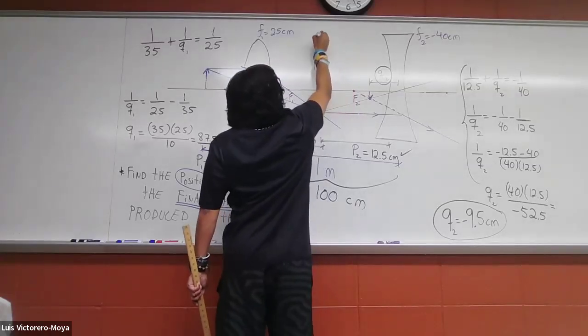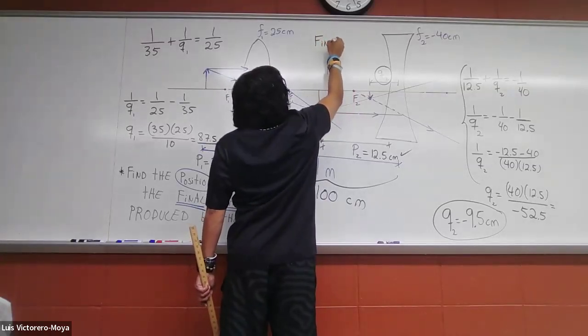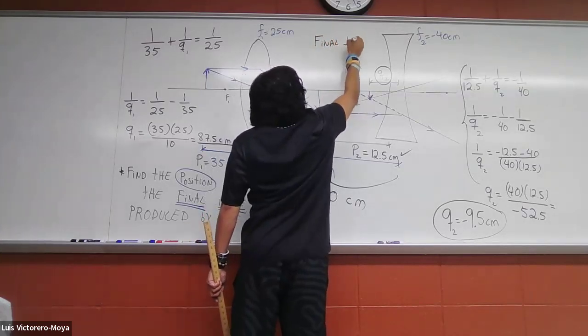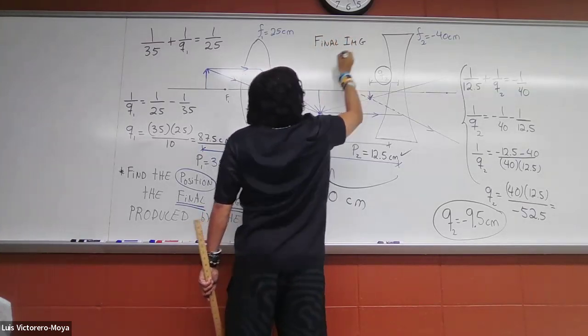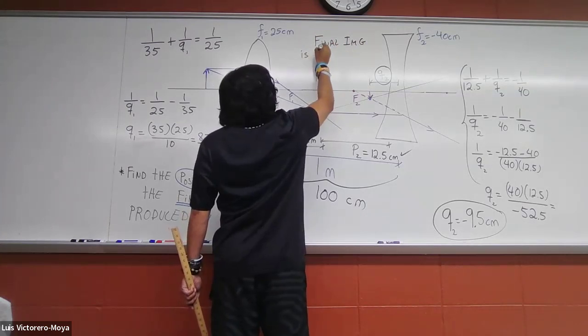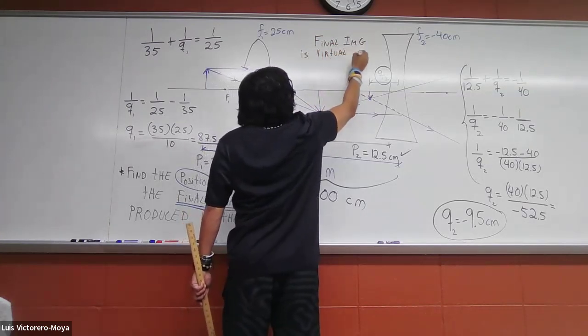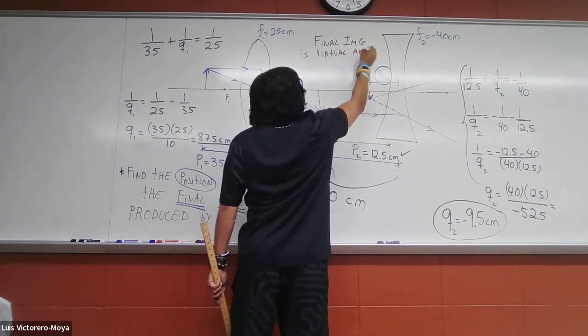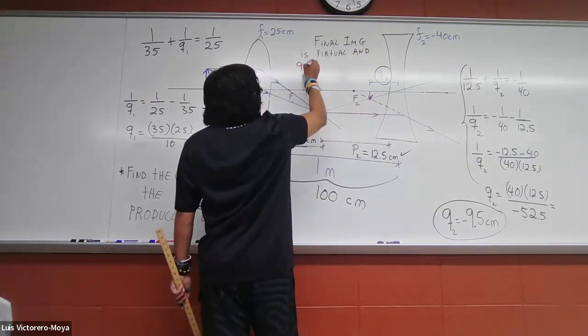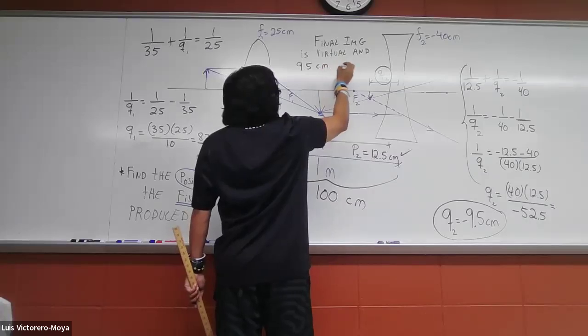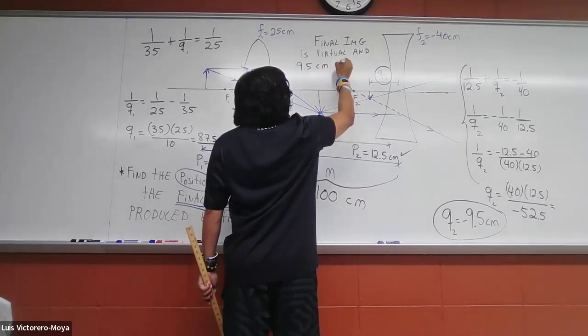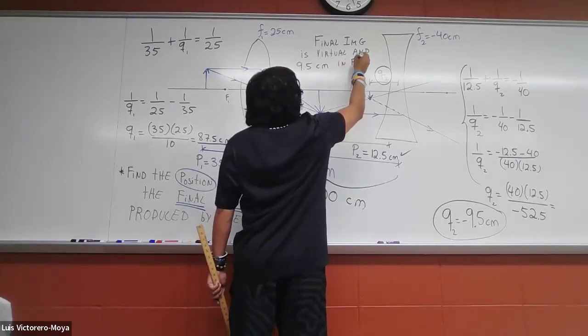Yeah. So the final image is virtual and 9.5 centimeters in front of the second lens.